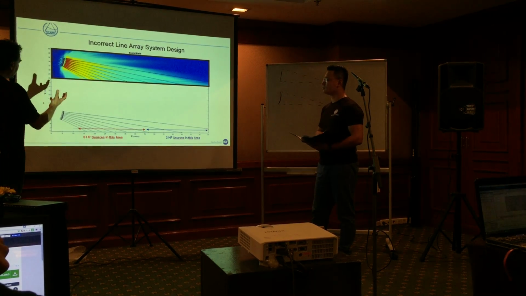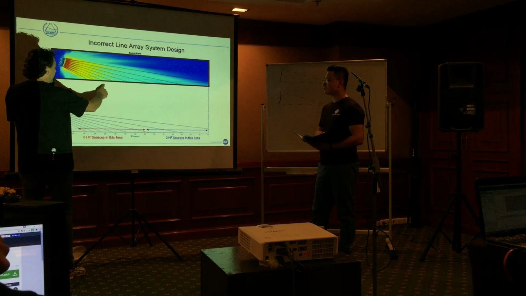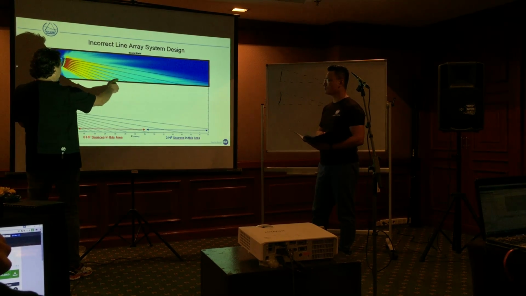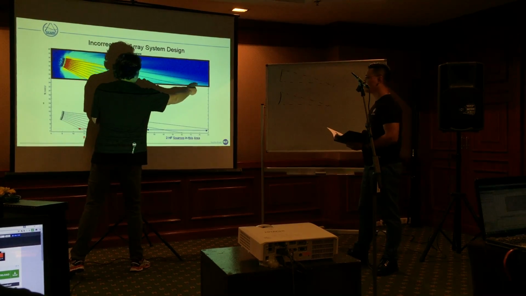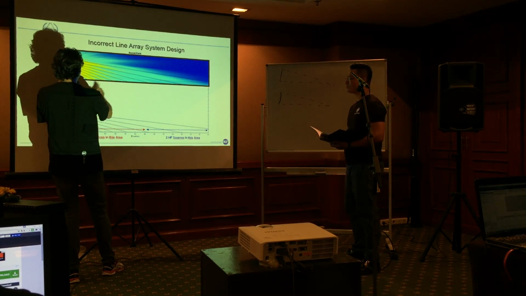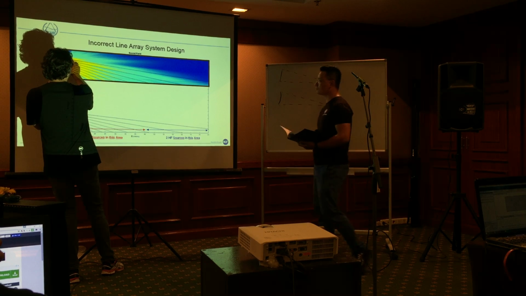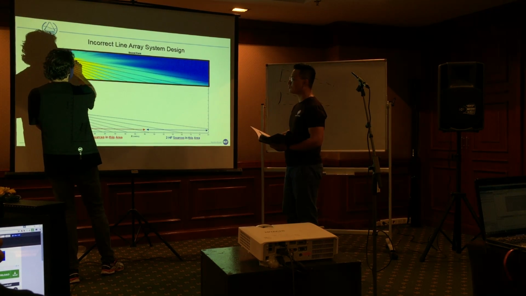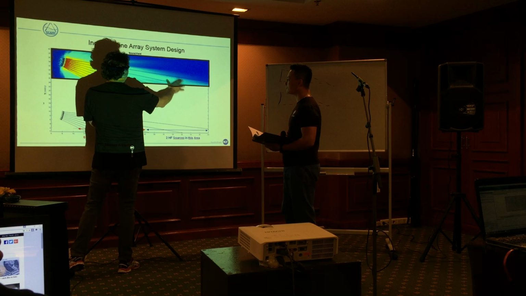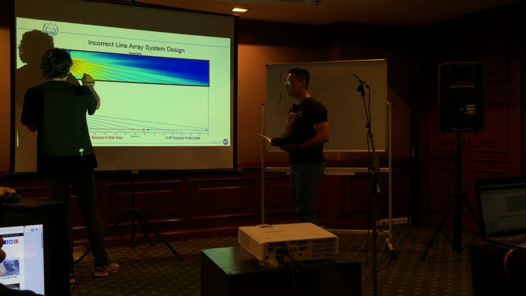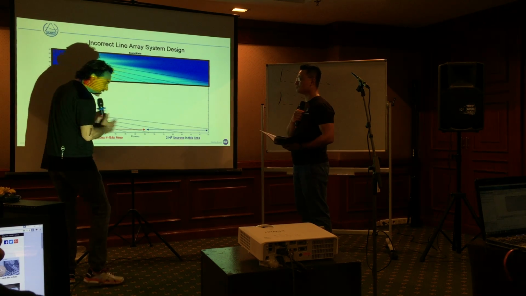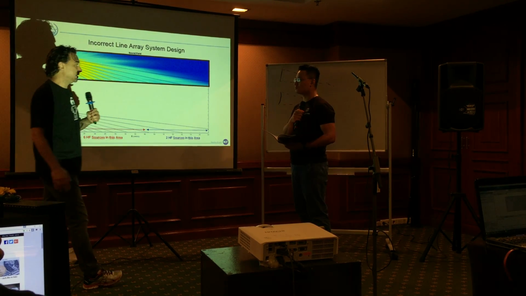This is an incorrect system because in this area we have a lot of sources. In this area we have only 4 sources that are the same of this area. Okay? So we will have a lot of power here and very little power here. Because in the line array each module must cover the same depth of area.